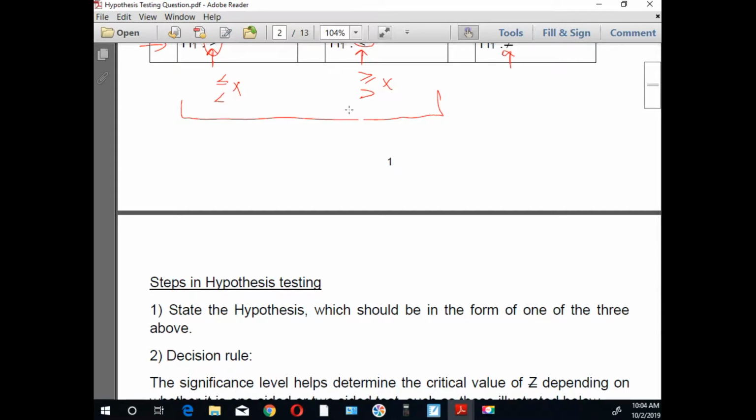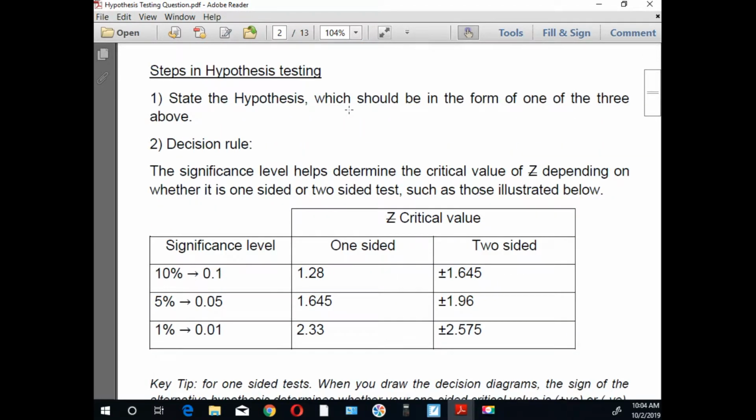What's important now, let's go to our steps of hypothesis testing. The first step is to state the hypothesis, which should be in the form of one of the three above. That's the first step always. The next is to find the significance level given.